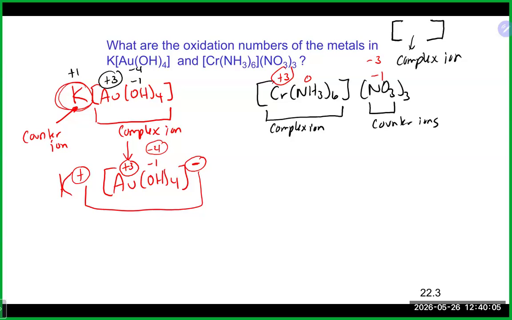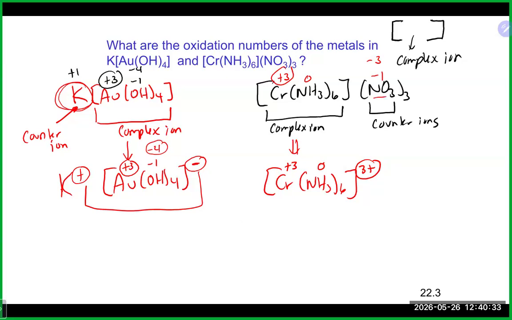If I take a look at the one on the right and just the complex ion part, we've got chromium and NH3 6. Once again, the NH3 is 0, and we figured out that the chromium is +3. That means my complex ion is a positive complex ion.